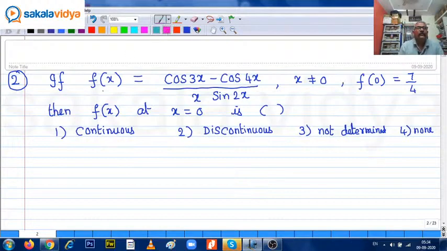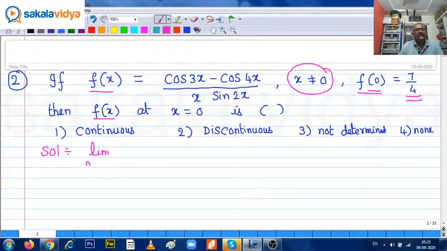So now f of x equals cos 3x minus cos 4x upon x times sin 2x, x does not equal 0, and f of 0 is equal to 7 upon 4. Then is f of x continuous at x equal to 0 or not, we need to check. So solution, first let us find out the limit of the function.